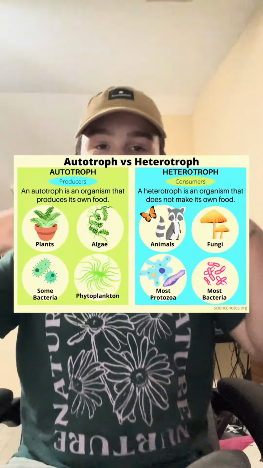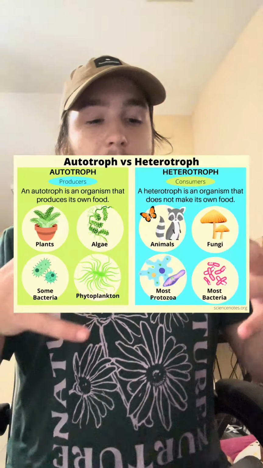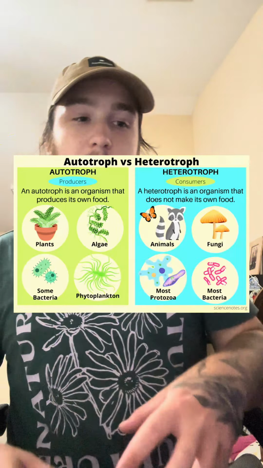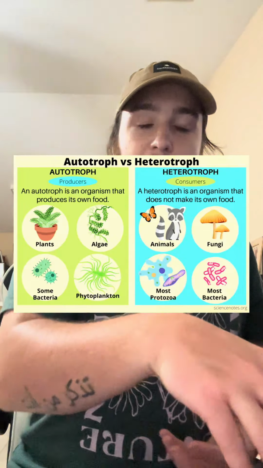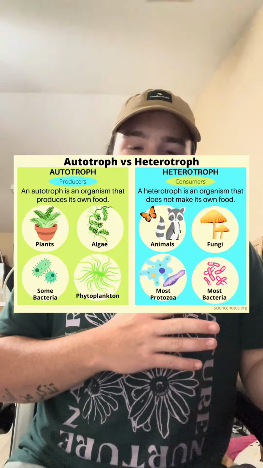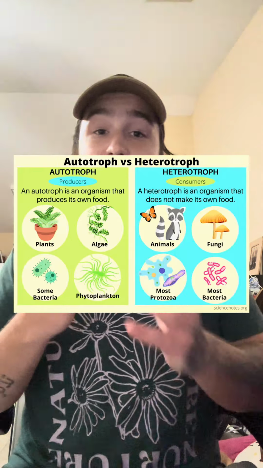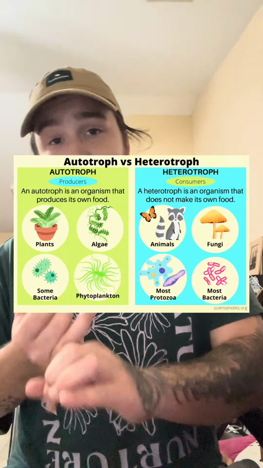So the main difference between us at this point and the lineage that would give way to plants is that our lineage is busy using the mitochondria as a sort of predatorial thing. Our line is just feeding on other things through heterotrophy, whereas these organisms, through the evolution of photosynthesis with the cyanobacteria and then the relationship with the mitochondria and the archaeal cells, are now able to be autotrophs, producing their own food using the rays of the sun. So that's the main difference between our genetic lines.